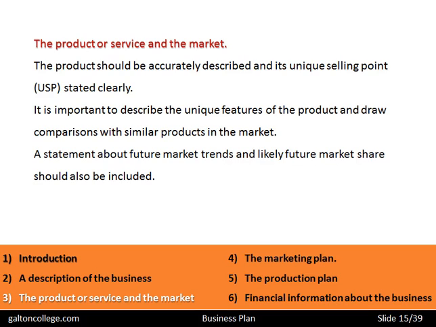But having said that, the culture with business plans is that there should be a statement about estimated sales next year and the year after, and sometimes in business plans they say in the short run, in other words in the next year, in the medium term, say up to 3 years in the future, and in the long term, say up to 5 years in the future.